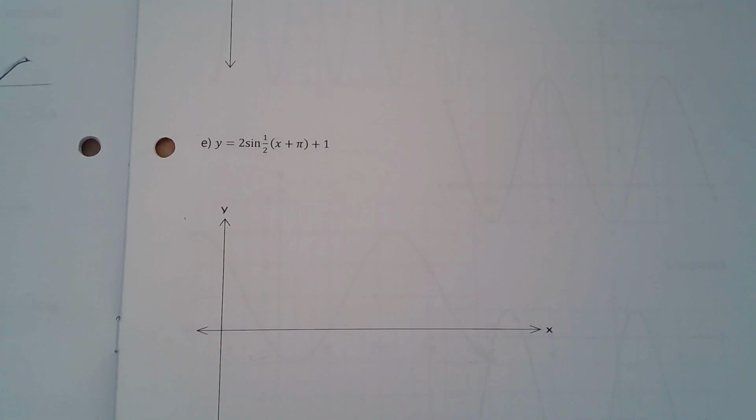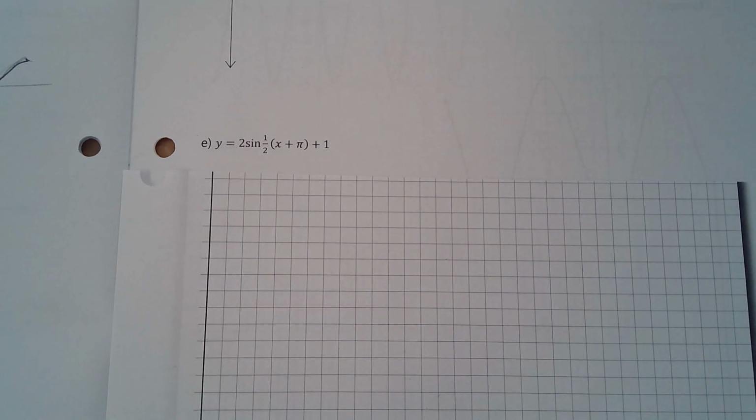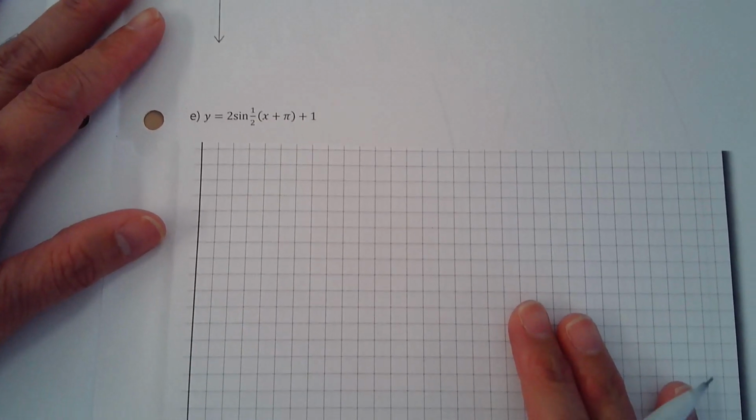I'm going to try the last one. I'm actually going to give you graph paper. So I'll pass this around. Take one, pass it to the next person. We're going to do this on graph paper so that it's a little bit easier with the grid.